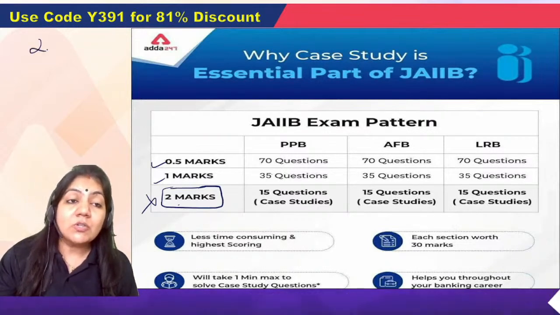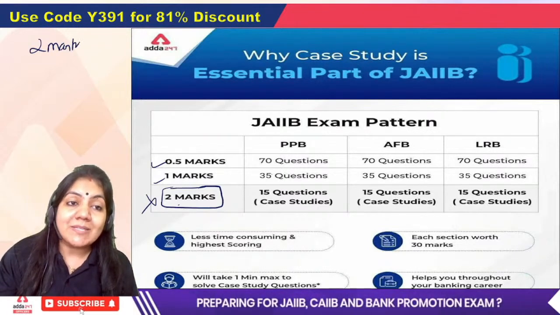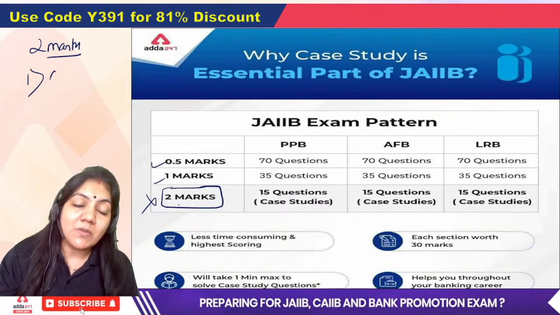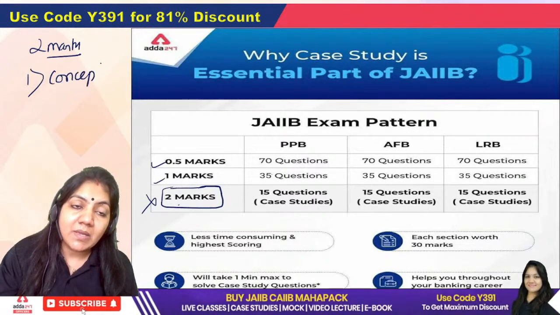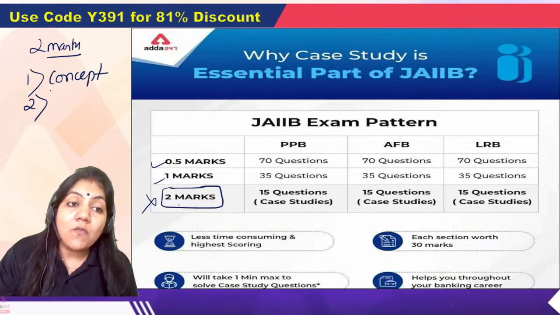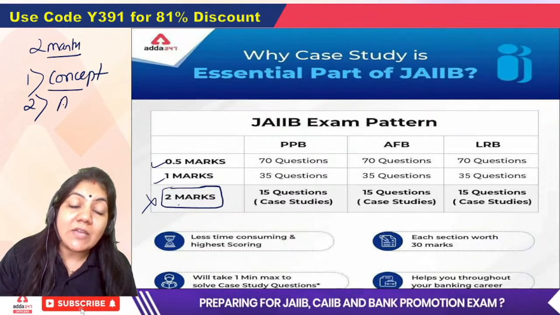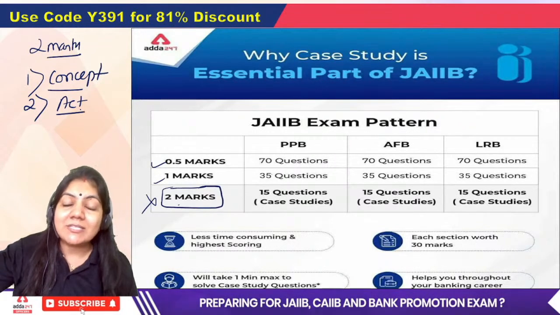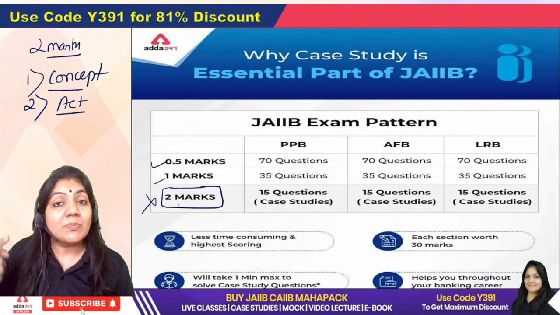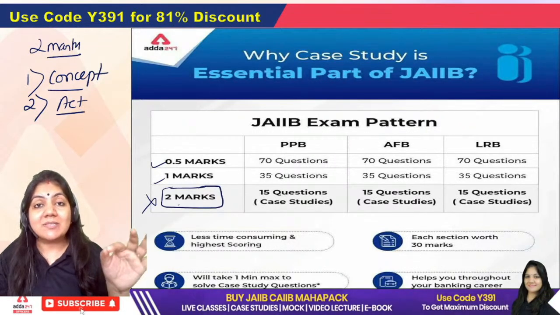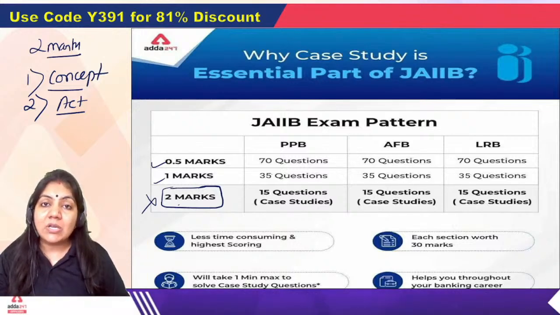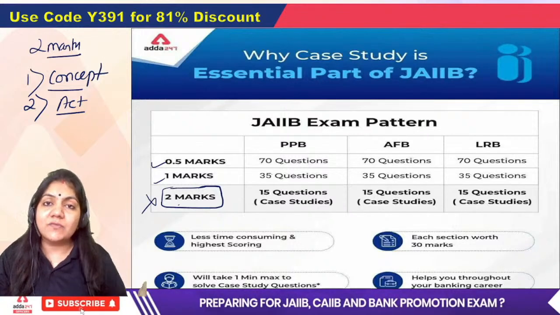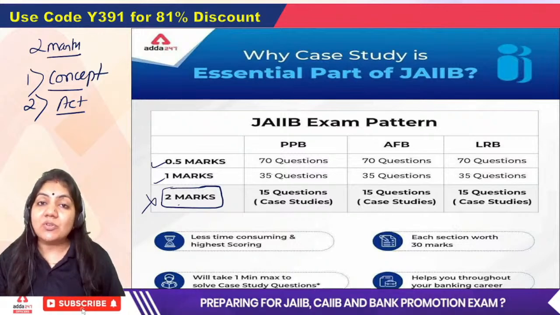So for the 2 marks question, you basically have to focus on concept clarity. And the second thing is you have to know from which module, or you can say from which act, the concept is taken. Suppose the word bailment is there, so bailment is taken from the Indian Contract Act. If we know the act and the word, then we can easily do the question.